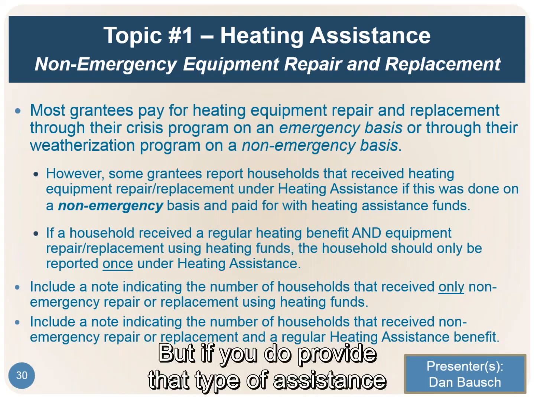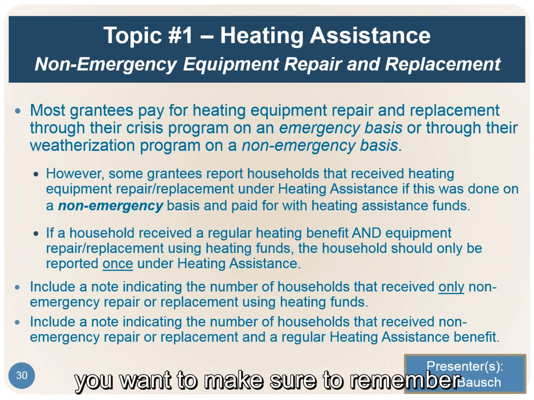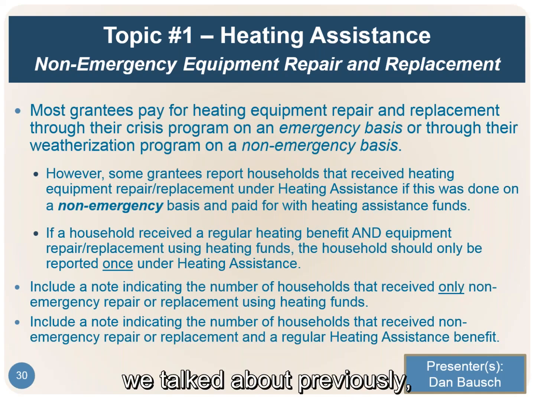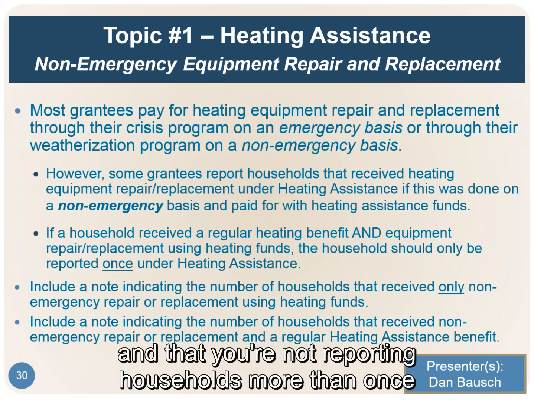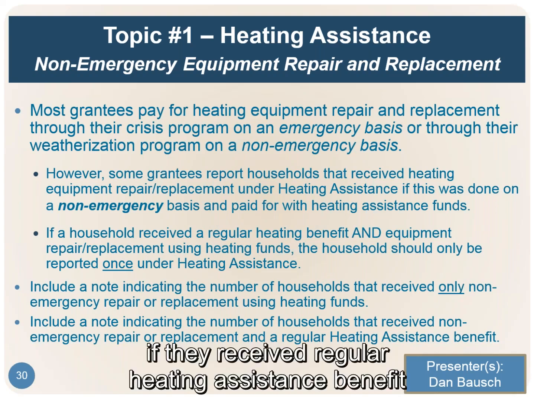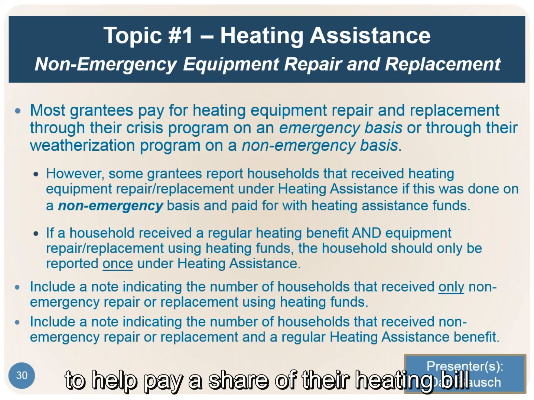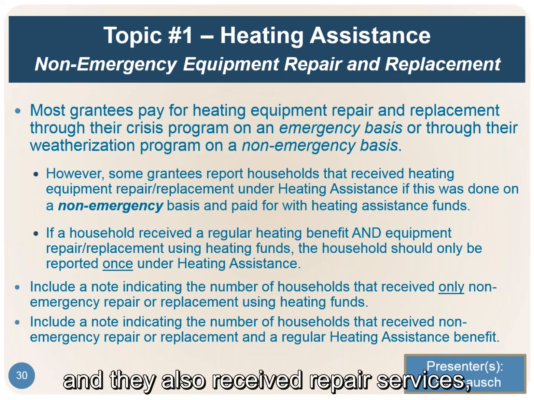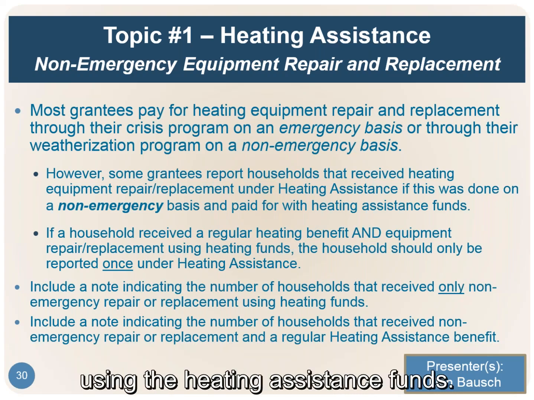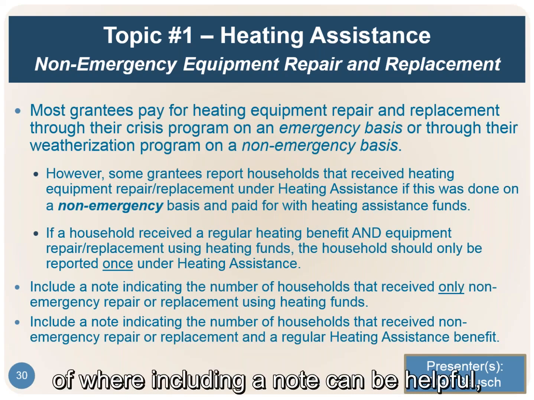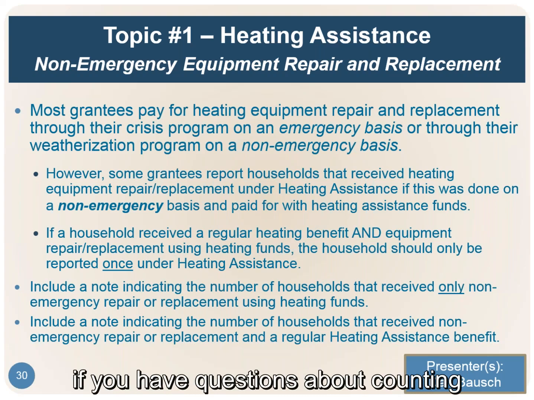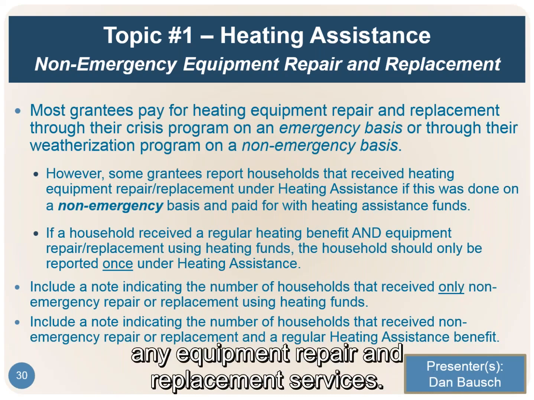But if you do provide that type of assistance, you want to make sure to remember that unduplicated count issue we talked about previously, and that you're not reporting households more than once if they received a regular heating assistance benefit to help pay a share of their heating bill, and they also received repair services, for example, that were done on a non-emergency basis using heating assistance funds. This is another example of where including a note can be helpful, and again, you can always reach out to us if you have questions about counting any equipment repair and replacement services.